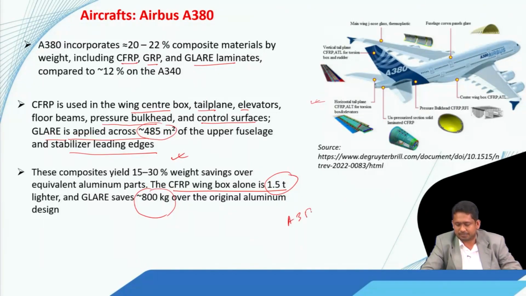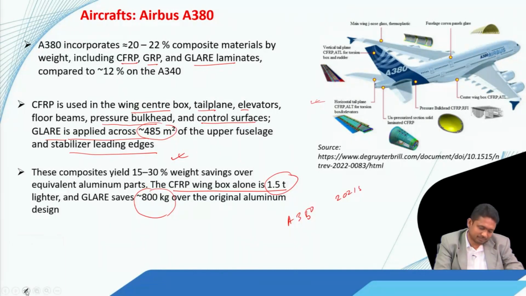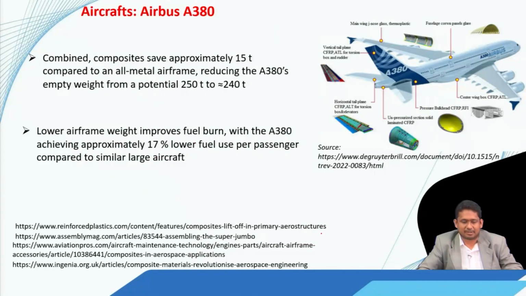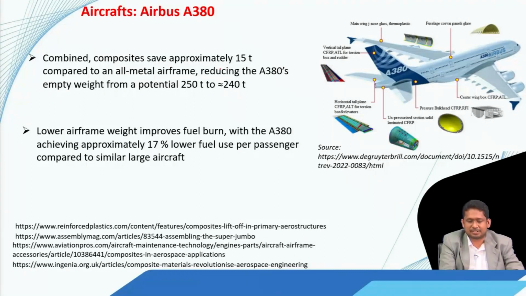A350 came into use at around 2015, whereas A380 was there from around 2005. So, although it is 350 and 380, this is newer and this is older. So, we can see that in Airbus also with time composite use is increasing, not decreasing. Combined, it saves around 15 ton in A380.